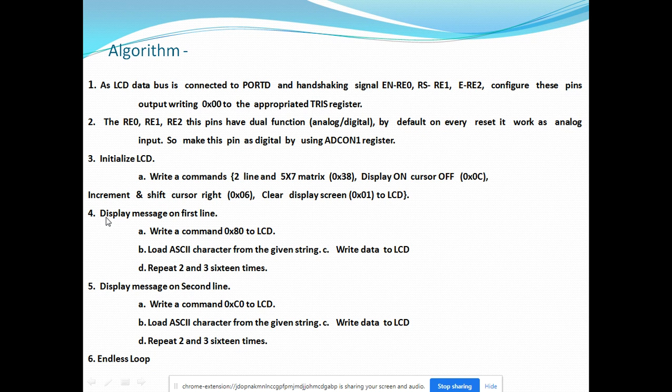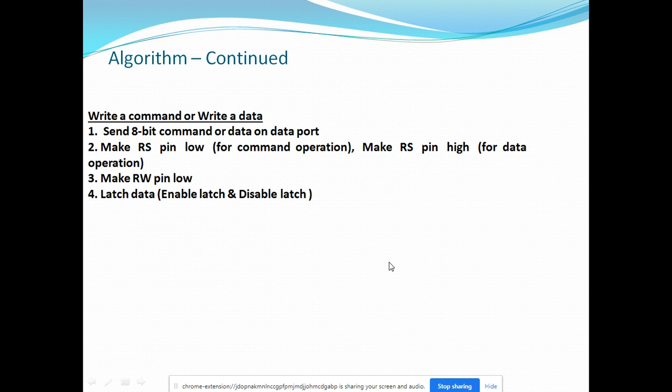In the next step we are going to display our first message on the first line. For that you have to use the 80 command for writing data on the first line, starting from the first position. Now as data, we are going to send to the LCD to display our message.